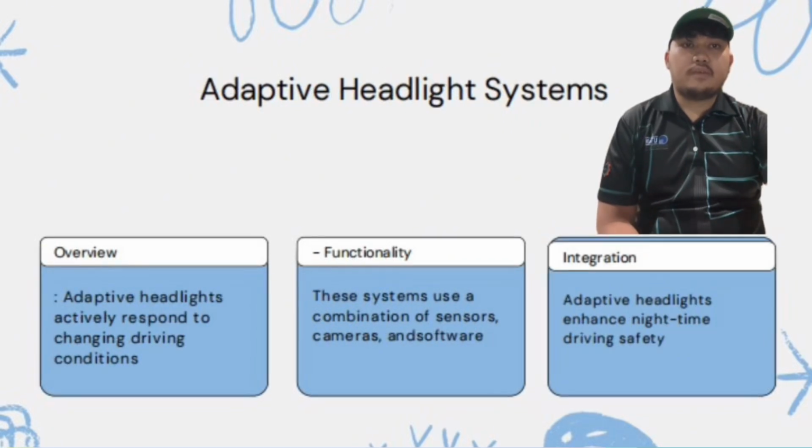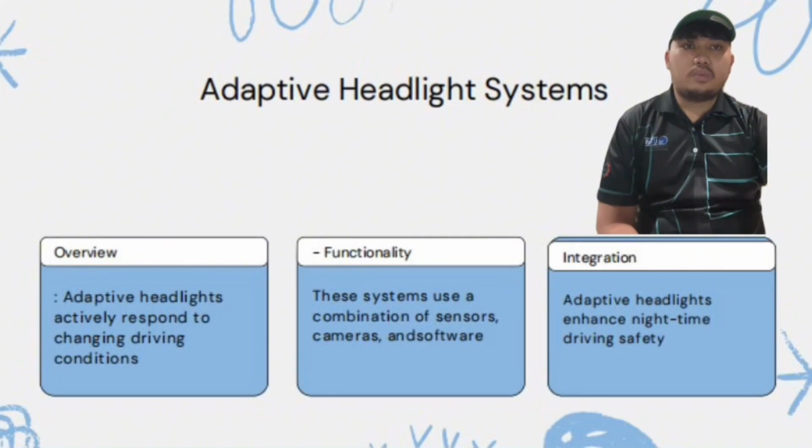Integration: the system uses advanced sensors to read surrounding conditions and applies light only when required, eliminating errant shifts in brightness. Adaptive headlight system overview. Adaptive headlights actively respond to changing driving conditions to provide better visibility and more time to react. Functionally, the system uses a combination of sensors, cameras, and software to detect oncoming vehicles or vehicles ahead and adjusts the headlight beam accordingly.